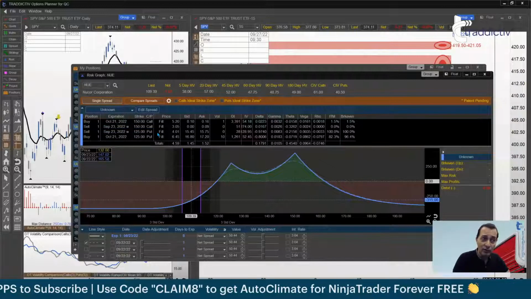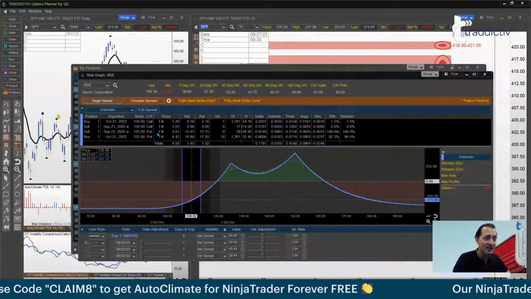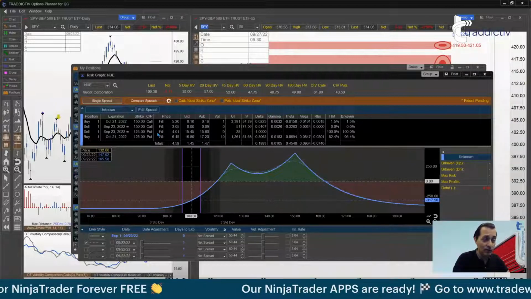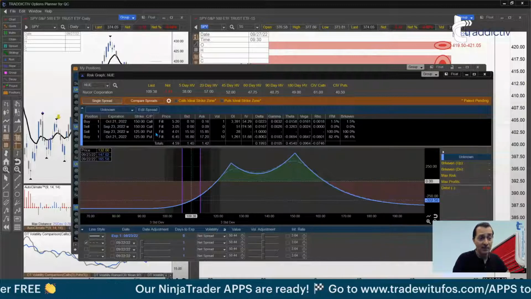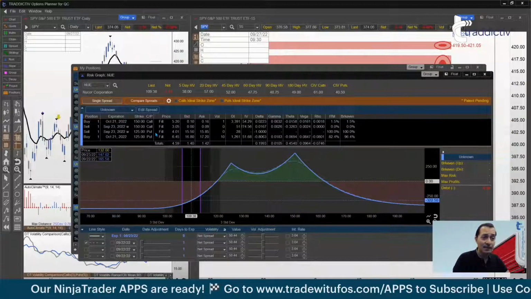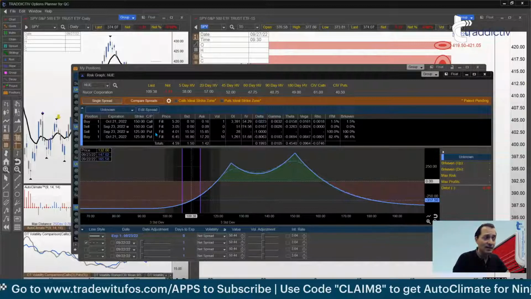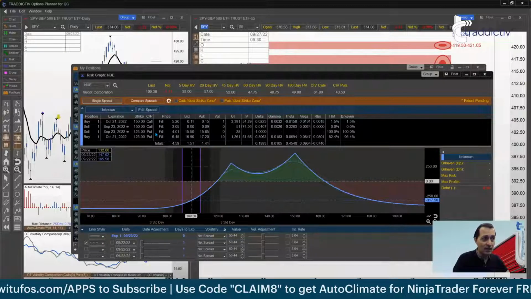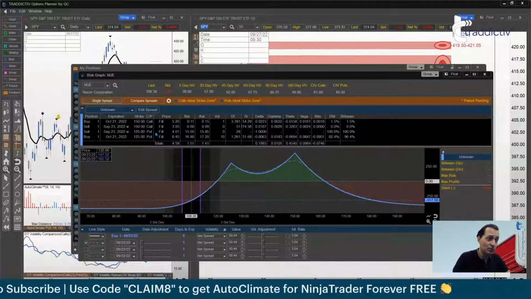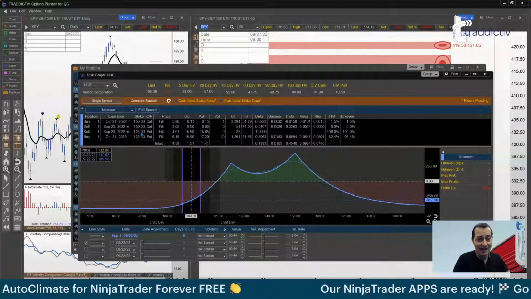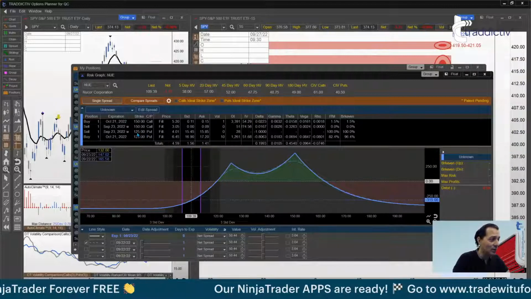But because it's prior to expiration date, you have been assigned based on a theoretically random process that happens with the brokers, where some clients may get assigned, some clients may not get assigned, depending on the put buyer deciding to exercise their right to use the put and therefore sell shares at 125, so you get the shares put to you. That process is random. It could happen to this client or that client, and in this case, the client was you, Mark.